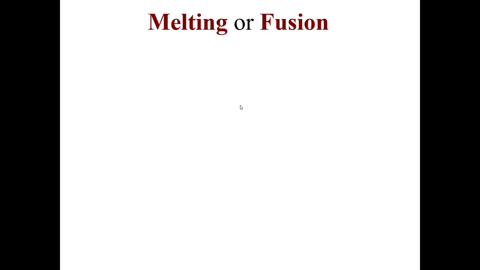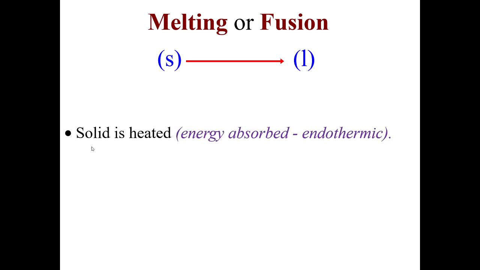So let's talk about melting first of all, going from a solid to a liquid, S to L. Obviously, that means the solid is heated up. Now, this part may be a little counterintuitive. If I ask you whether an ice cube turning to liquid water is endothermic or exothermic, it's actually endothermic.